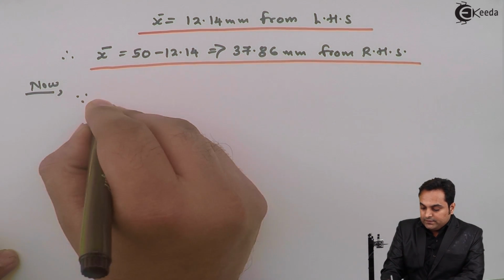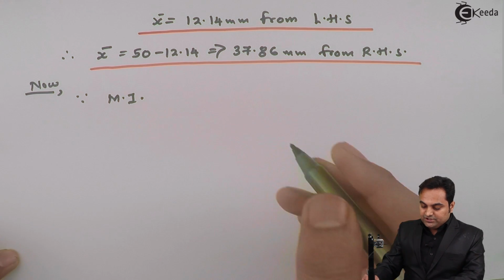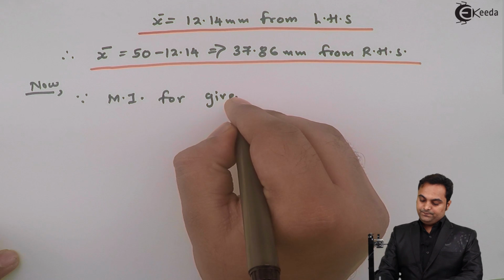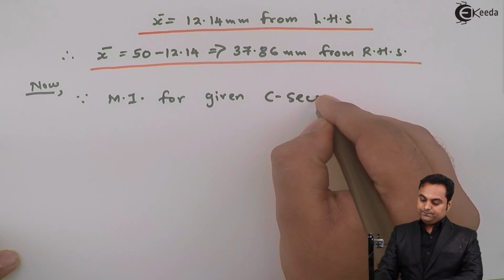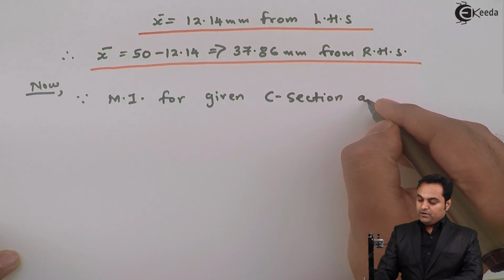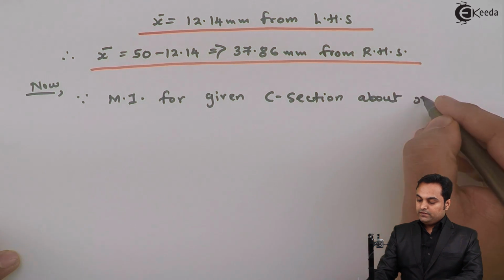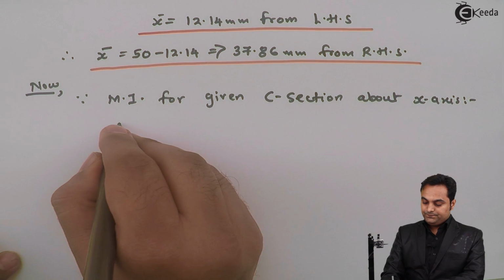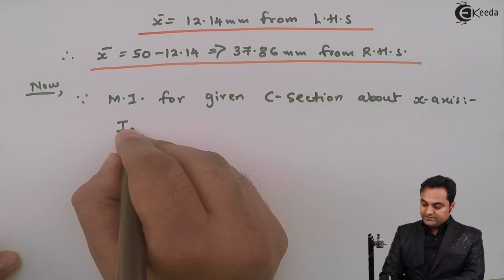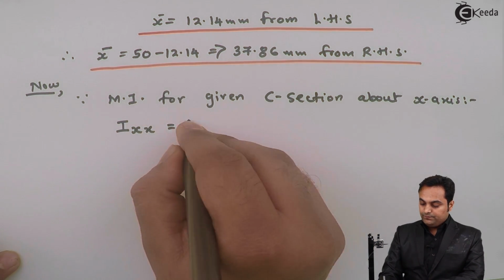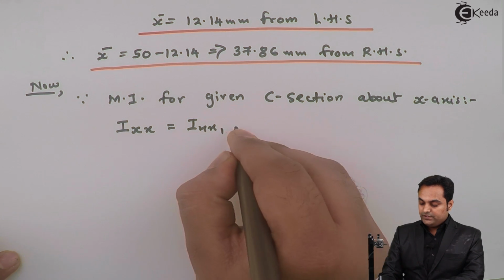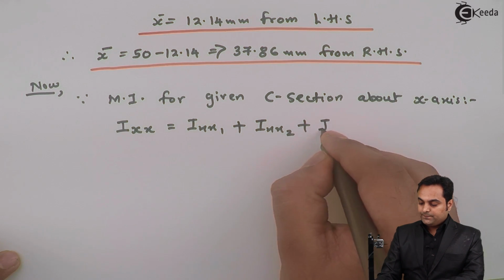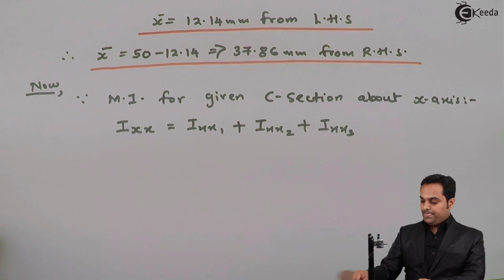So in this, the next step is, since MI, that is moment of inertia, for the given C section about x axis, is given by Ix is equal to Ix1 plus Ix2 plus Ix3.